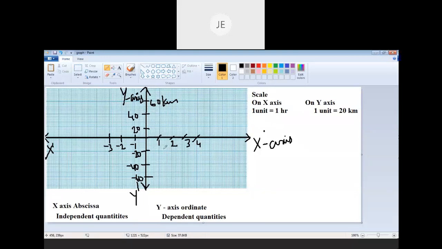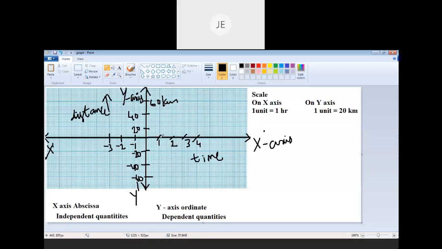As we have already discussed in one example, Sagnik was moving in 1 hour 30 kilometers. Okay. So 1 hour is the time. This is the time. Okay. And it is the distance. On x-axis time, and y-axis distance.